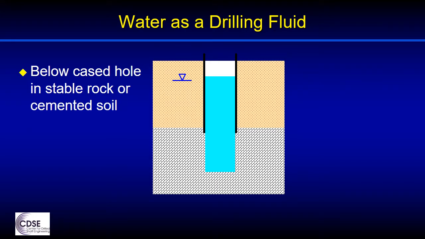So in these conditions, it's desirable to maintain a fluid head of water sufficient to avoid infiltration in the rock socket, and particularly around the bottom of the casing if a complete seal cannot be achieved into impermeable rock.